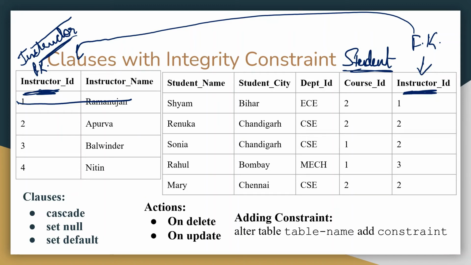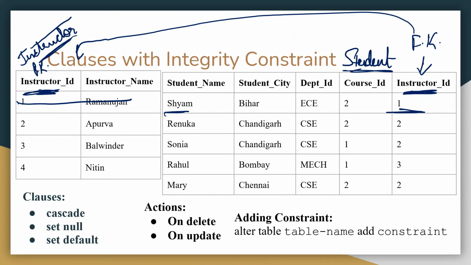Now if there is a student Sham who is being taught by instructor ID 1, and I refer back to the instructor table to check the instructor's name who is teaching Sham, I won't be able to find the instructor name because that instructor's record has already been deleted. So therefore, we will say that the database is in an inconsistent state, and in order to resolve it to a consistent state, what would I have to do?